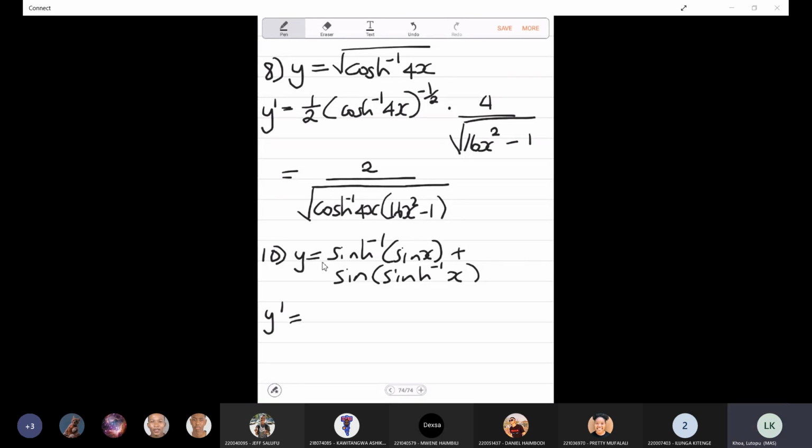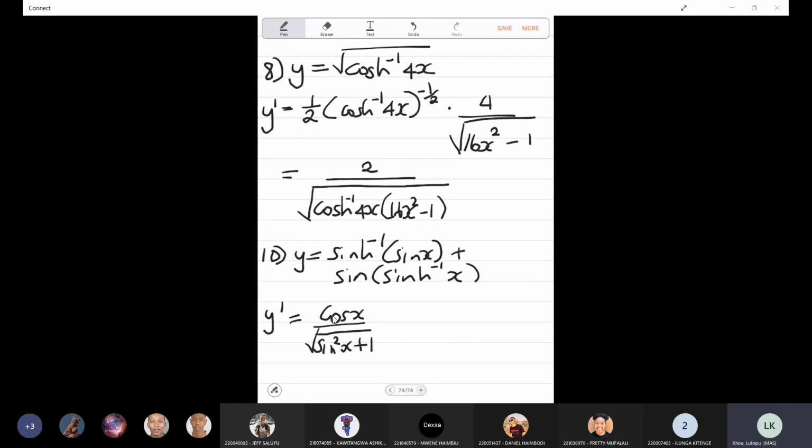We start with the first one, hyperbolic sine inverse of sine x. In the numerator, we have the derivative of sine x, which is cos x. And then in the denominator, we have the function squared plus 1. So sine squared plus 1, that is under a square root. Okay, so that is the derivative of this one here.